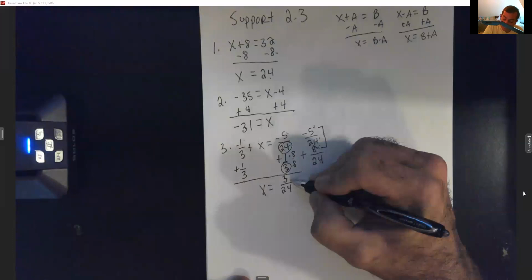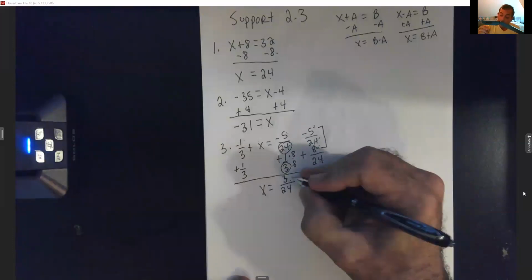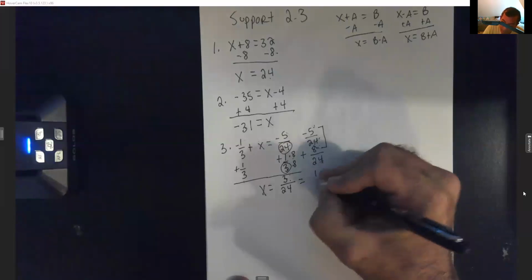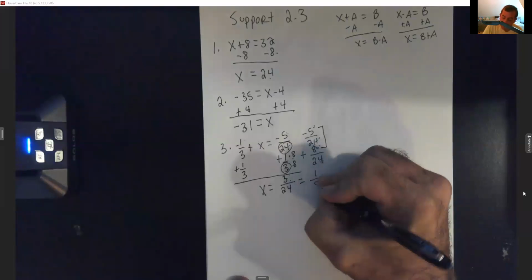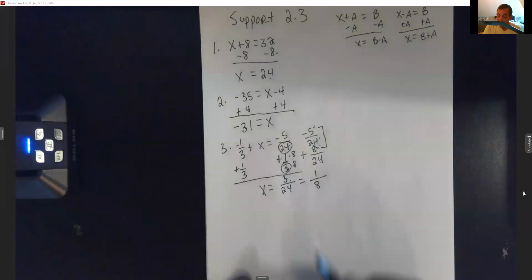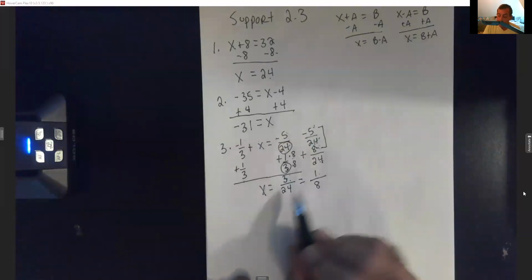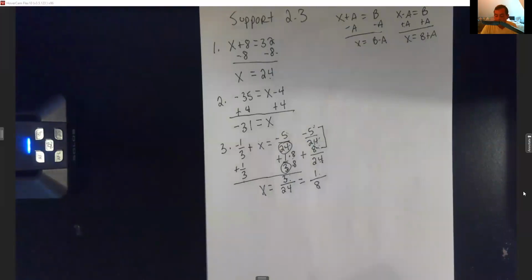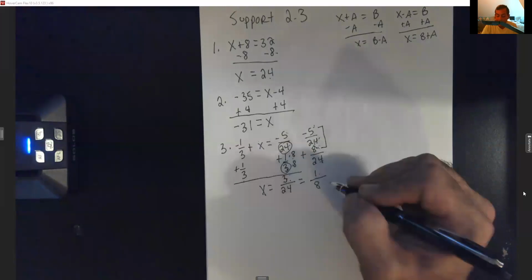But y'all, guess what? 3 over 24 will reduce to 1 over 8. So 3 divided by 3 was 1. 24 divided by 3 is 8. So always reduce those fractions and get that final answer, okay?